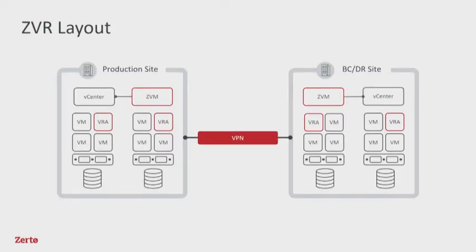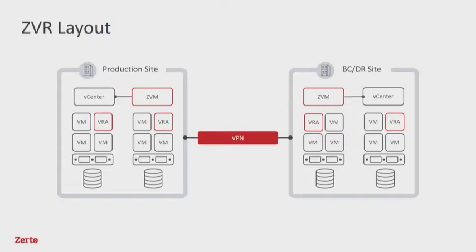Basically, we have a production site and a DR site. They are connected through a VPN, right? And then we have VRAs installed on those hosts where we want to protect assets, or on the recovery side, which we're going to use as the recovery hosts.